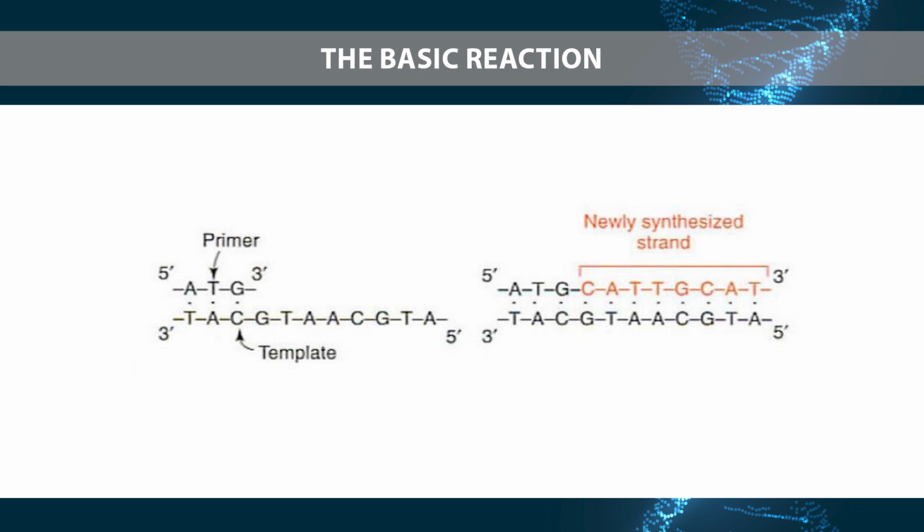How? I already told that G always pairs with C and T always pairs with A. So, based on the bases present on the template strand, the complementary strand gets synthesized by adding one nucleotide at a time, and since it has a free 3' hydroxyl end, it will create the phosphodiester bond between these two nucleotides.